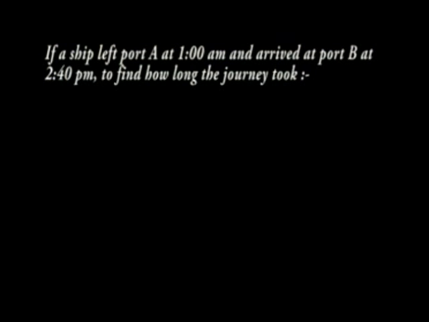Calculating time durations. When calculating time, it is easier to use the 24-hour system. For example, if a ship left port A at 1 AM and arrived at point B at 2:40 PM, find how long the journey took.